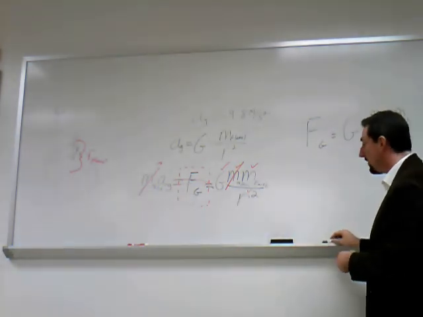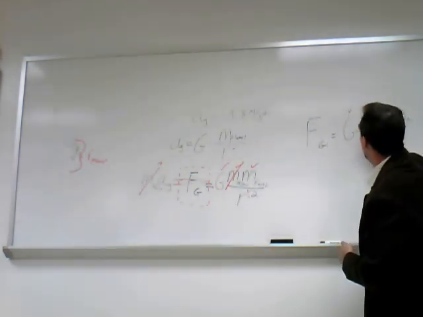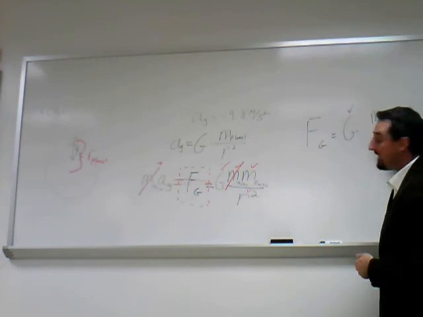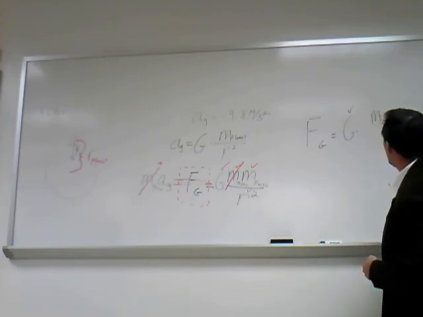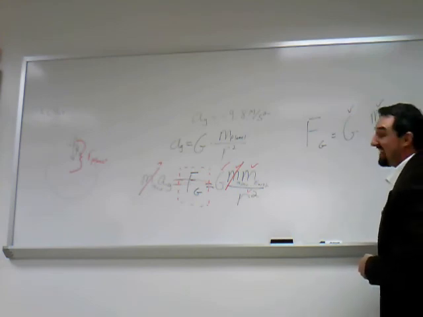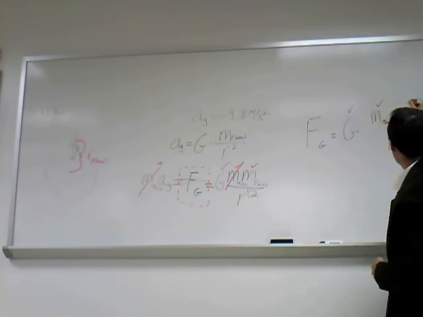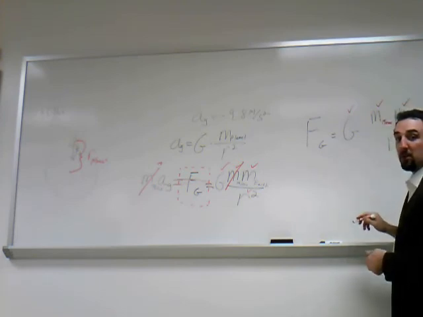All you need to know is big G, which you have, M1, let's call that the mass of your planet, which you have. The mass of the sun, we'll call M2, which you have, and I give that to you.